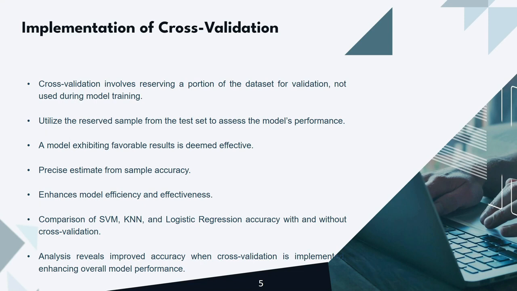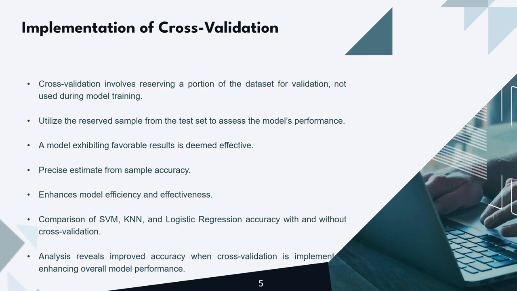There are three steps in cross validation. Initially, set aside a portion of the dataset as sample data. Second, use the remaining part of the dataset to train the model. Third, employ the reserved sample from the test set to assess the model performance.